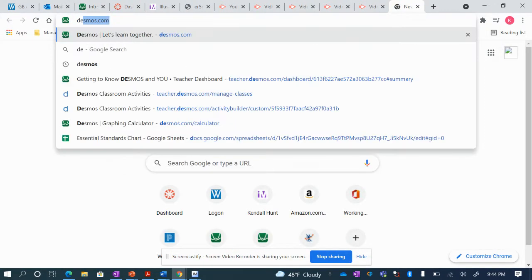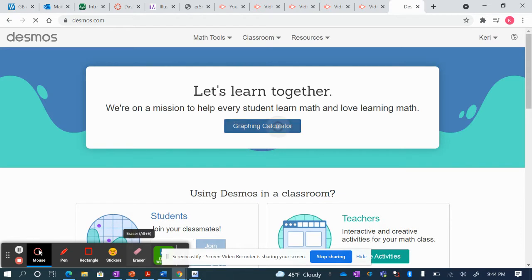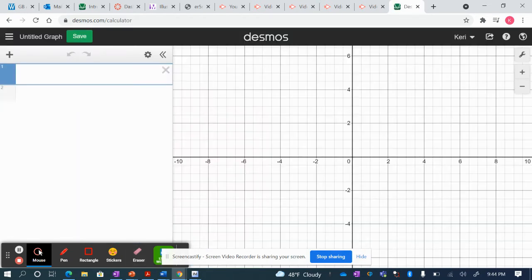Like if you didn't know what one of the graphs was on the card sort, you could just go type it in, like if you wanted to see what an x squared graph looks like. Or when it asked you to write a second degree polynomial, degree is the highest power of the polynomial.